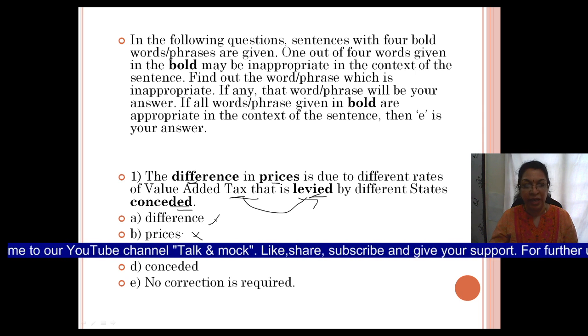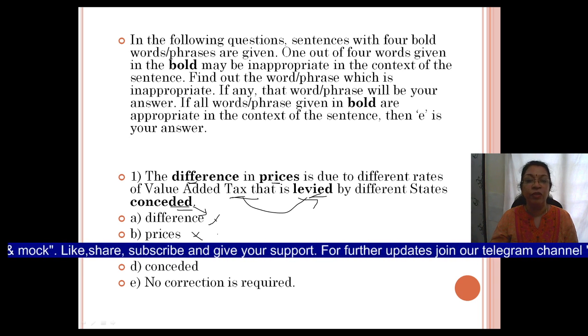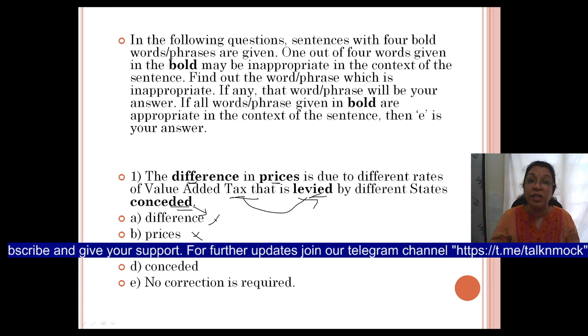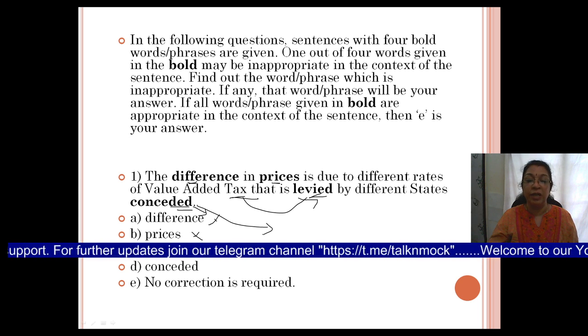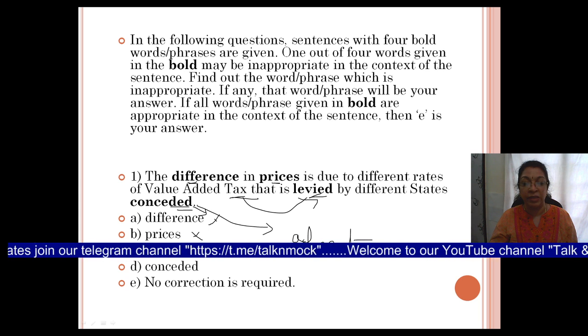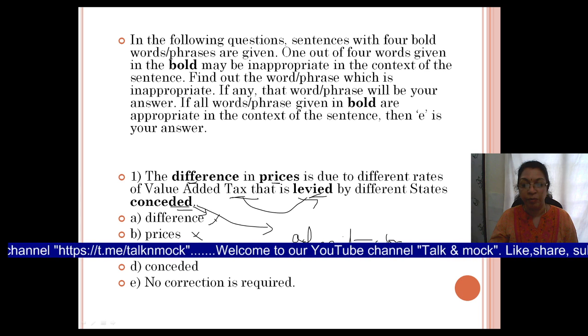By different states conceded. Now look at this word, conceded. So we are eliminating this also. Now understand what they are trying to say. For this you need to know the meaning of the word. Conceded means admitting something once you have denied it, admitting some truth.